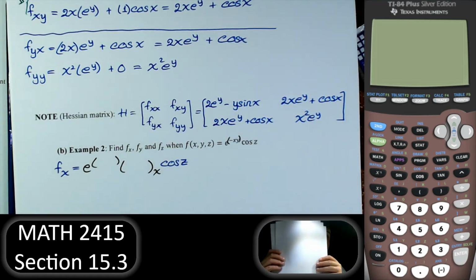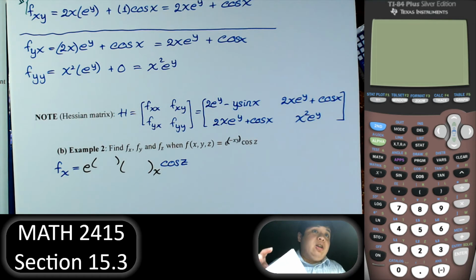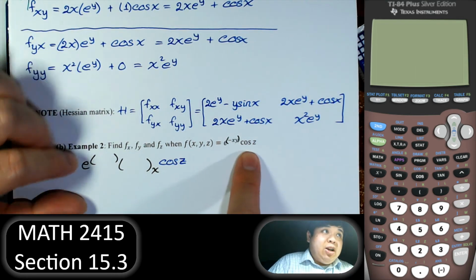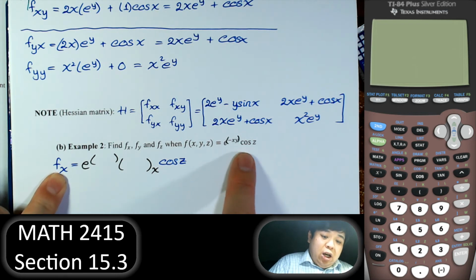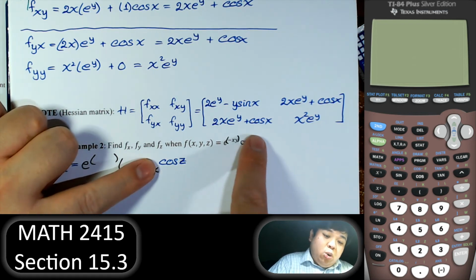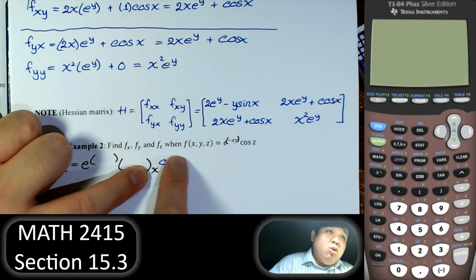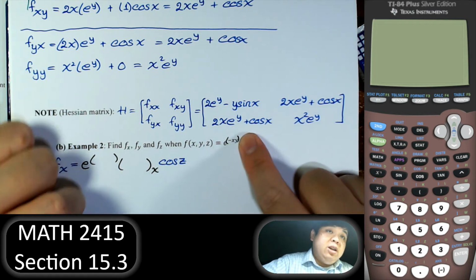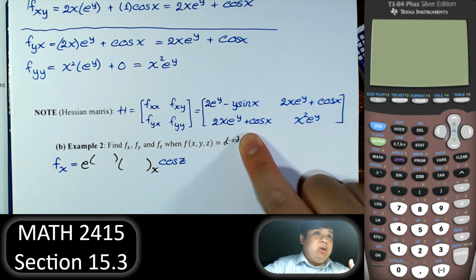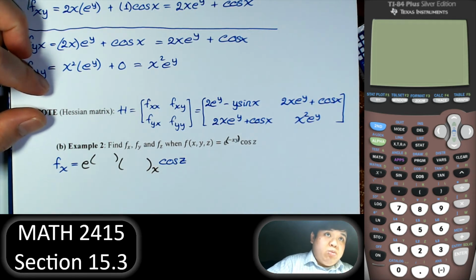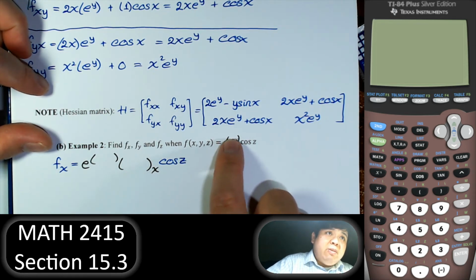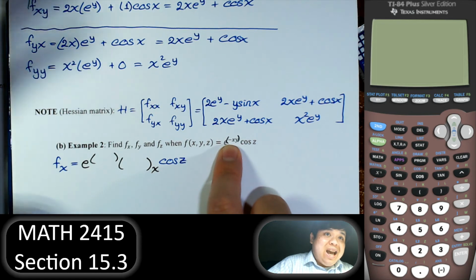Where there's a constant multiplied to it, we just have a constant multiplied to it. So because we take derivative with respect to x, cosine of z is a constant. So cosine of z is the whole constant, just multiplied to it. We don't do anything with the cosine of z, other than just carry on as the constant multiplier. We're going to take the derivative of that term with respect to x though, because it has x in it.